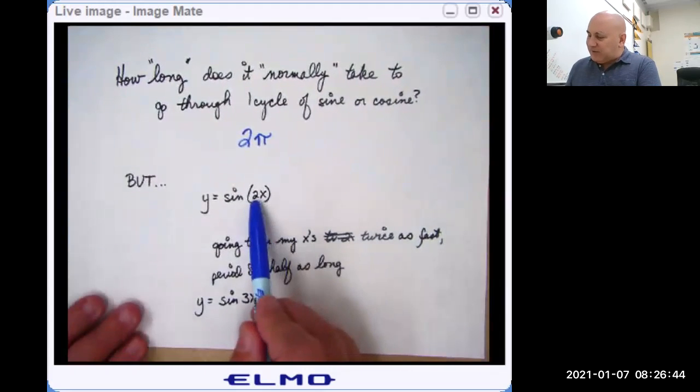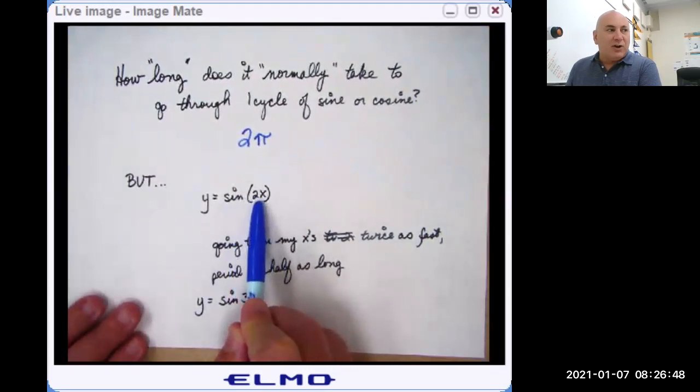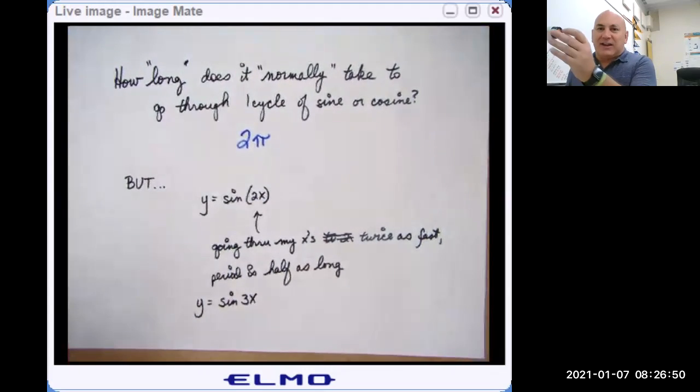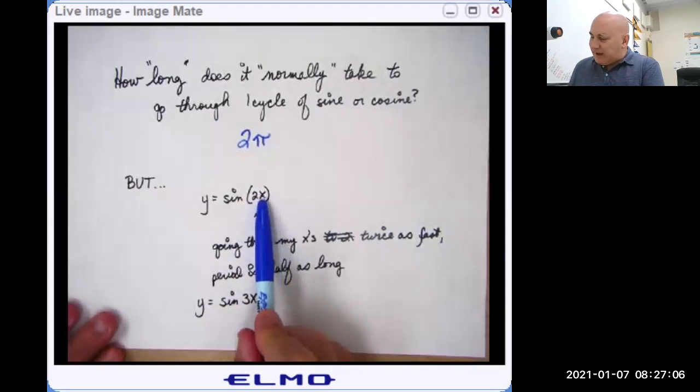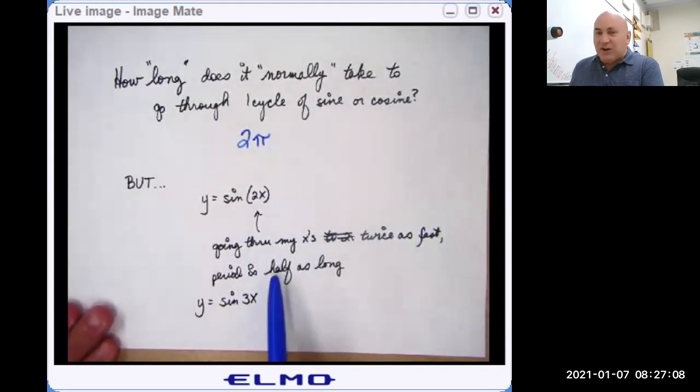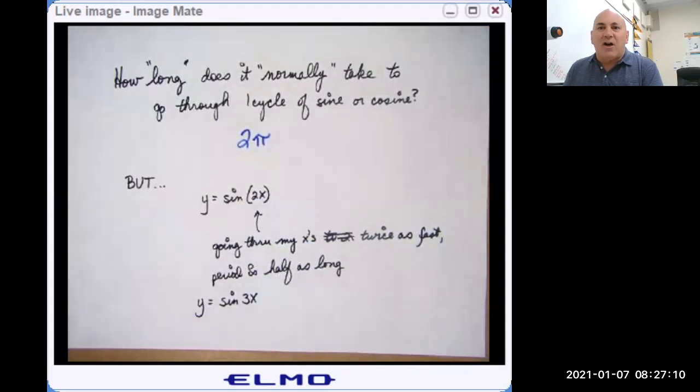But what if we stick a value in here instead of the sine of x? Now it's the sine of 2x. Think of what we always did with functions when we multiplied x by a number. That either compressed or stretched our graph horizontally. I think of it as going through the x's twice as fast, so the period's going to be half as long.